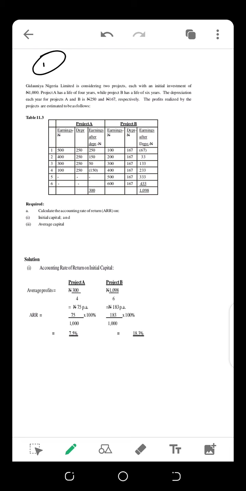We have the earnings, and don't forget that earnings still means your return. Depreciation, we have earnings after depreciation. This is for 2 years, meaning that at the end of year 4 for project A, they made 300. Then at the end of project B, 1098.